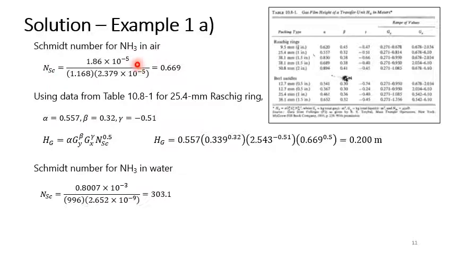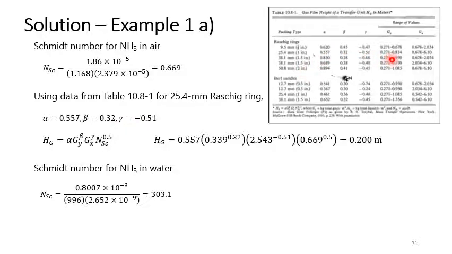The viscosity of the gas mixture is given, the density, and also the diffusivity of ammonia in air. So you get NSc equal to 0.669, and then you use the data from the table for the 25.4 millimeter Raschig ring. The alpha is 0.557, the beta 0.32, and the gamma negative 0.51.